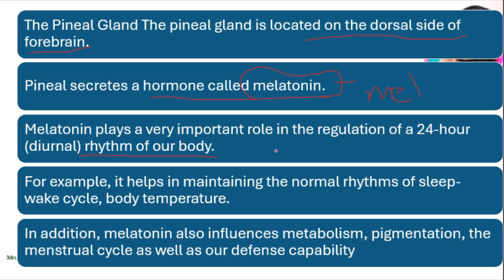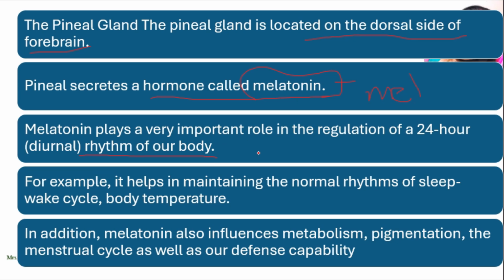But whatever it may be, in the morning they get up by 5, 6, 7. So everything is controlled by whom? It is melatonin. Naturally we get sleep during the night time, and that is the function of melatonin. And in the morning when we get up, that is also the function of melatonin.